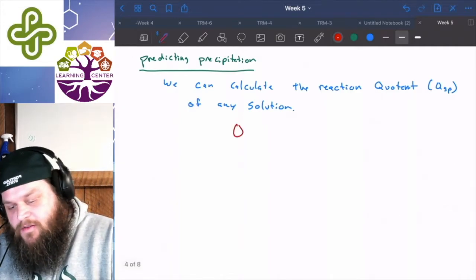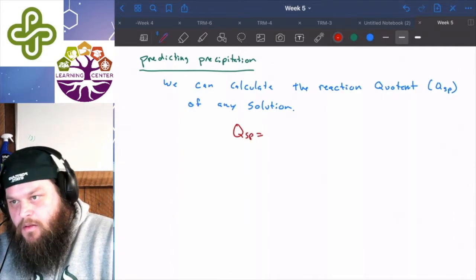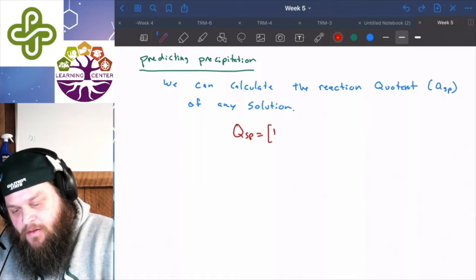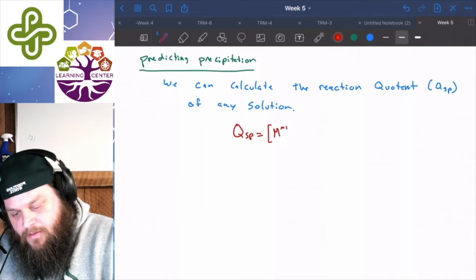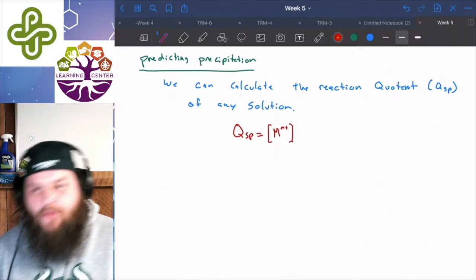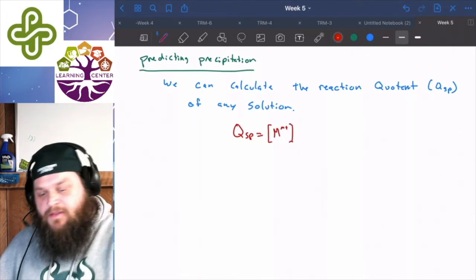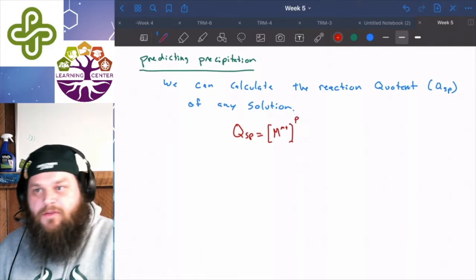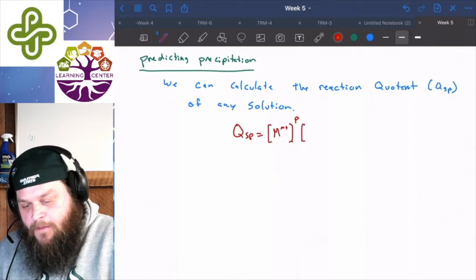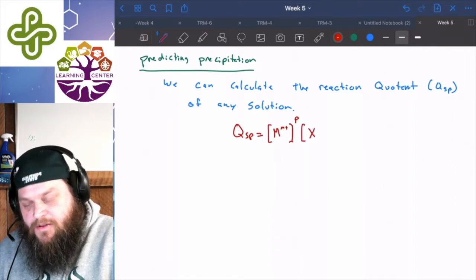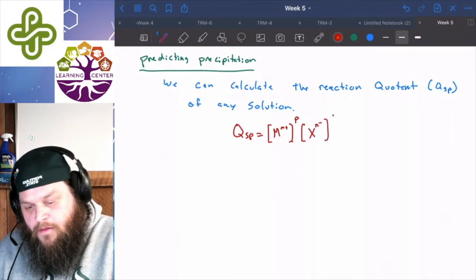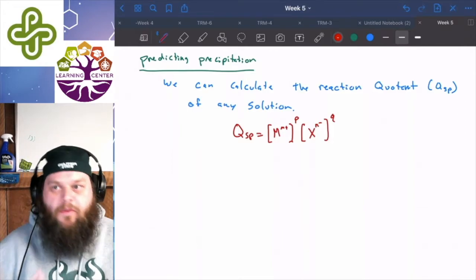In this case, we just call it QSP, which is equal, I'm going to just put it in the same form as we had before, the concentration of M, whatever the positively charged ion is, to the power of its stoichiometric coefficient, times the concentration of the anion to the power of whatever its stoichiometric ratio is.